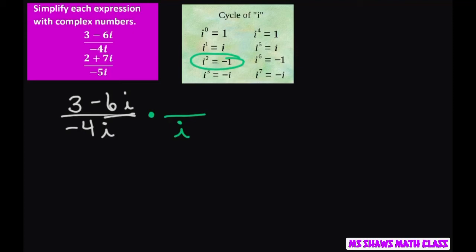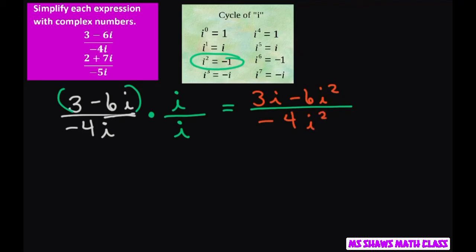If we multiply the denominator by i, we also have to multiply the numerator by i. So let's multiply that out. In the numerator, we're going to get 3i minus 6i squared. In the denominator, we're going to get negative 4i squared. And then all we're going to do is simplify by substituting i squared with negative 1.